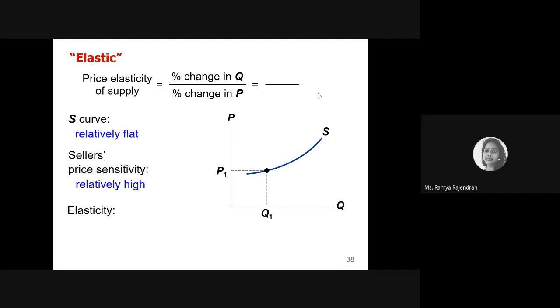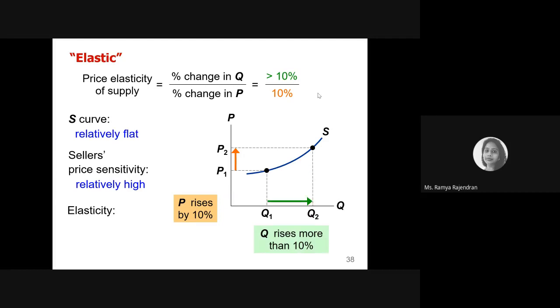Next comes the elastic. Here, the percentage change in quantity is always greater than the percentage change in price. So if the percentage change in price is 10%, the quantity rises by more than 10%. So obviously greater than 10% divided by 10% is greater than 1. So it is an elastic curve.